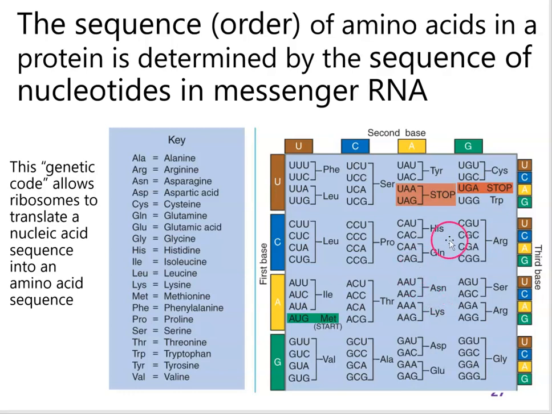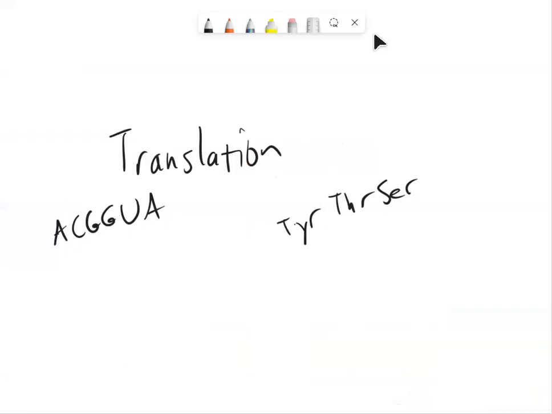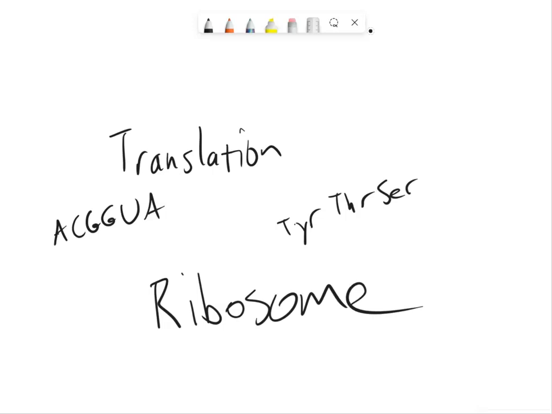And a ribosome is a giant complex of enzymes that builds the protein, and it reads the messenger RNA and knows which amino acid to put next in the chain.